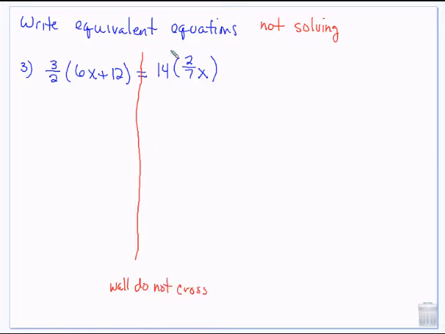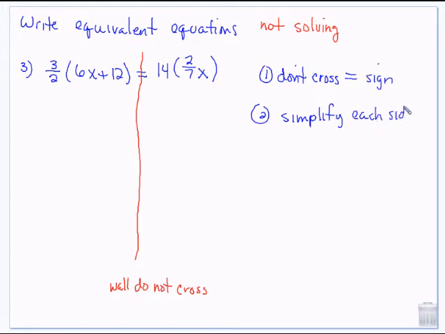Okay, so you can draw a line down or whatever. Okay, so first thing is we don't cross the equal sign. And then what we want to do is we're going to simplify each side. And we're going to do that separately. So we're going to work on one side and then we're going to work on the other side. Okay.